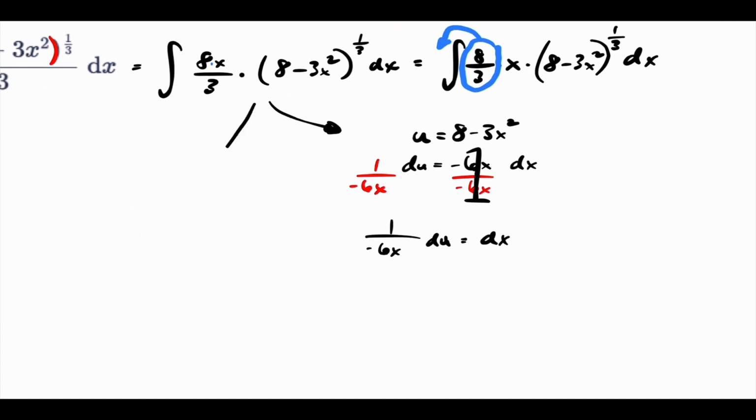So now what I'm going to do is everywhere I see an 8 minus 3x squared, I'm going to plug in U. So this guy is going to be U. Everywhere I see a dx, I'm going to plug in this guy.